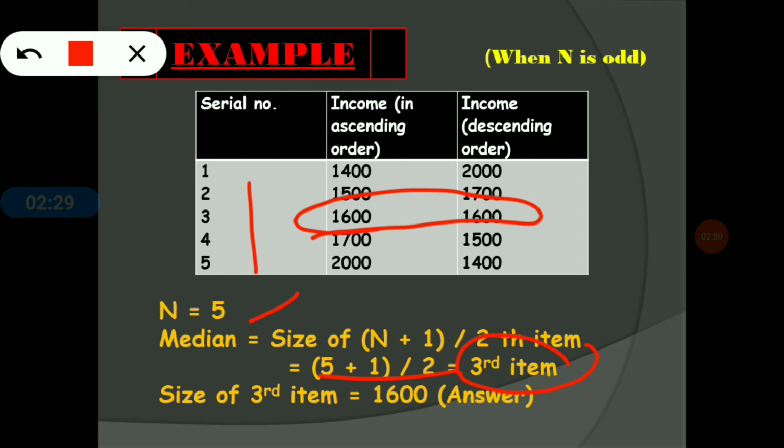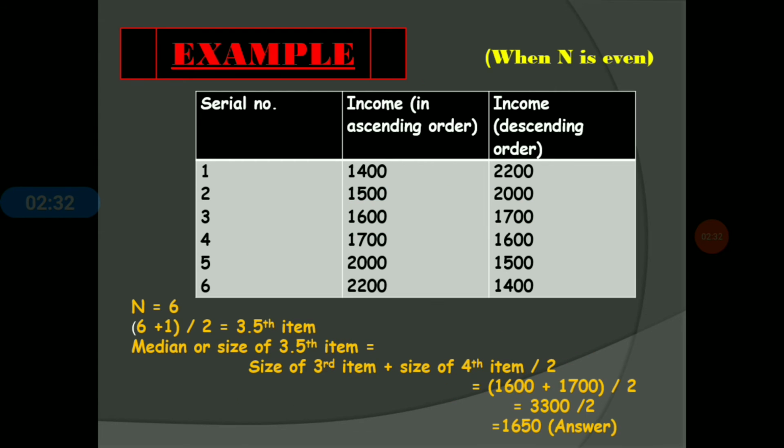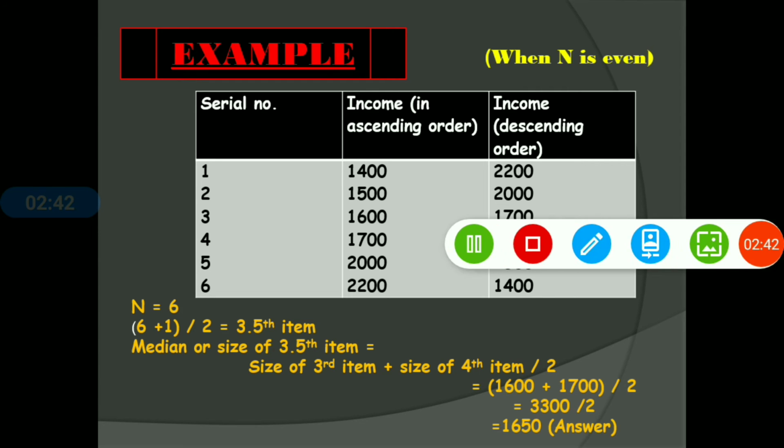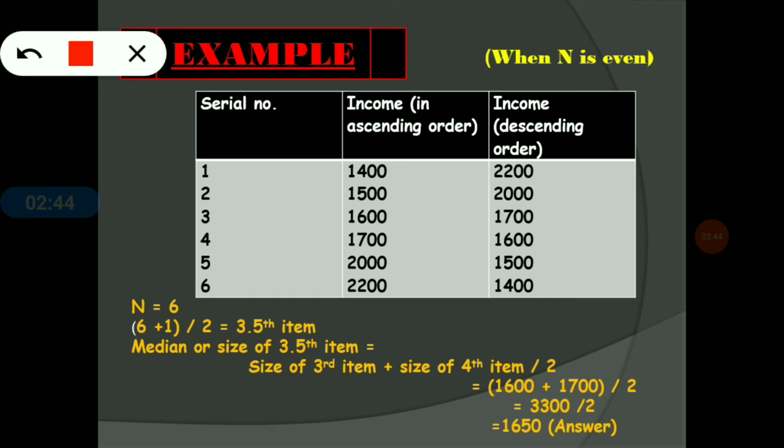So now going to the next slide, where we can see the even number series. So we have 6 variables, clear. So (n plus 1) by 2, that means (6 plus 1) by 2, which is equal to the 3.5th item.